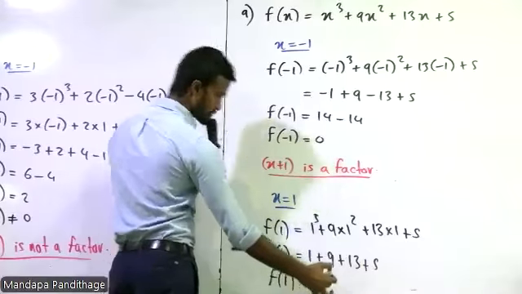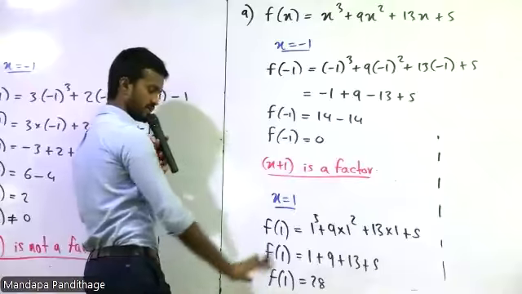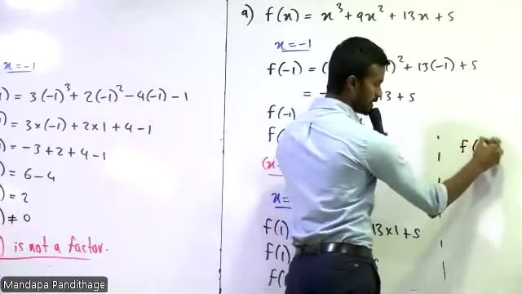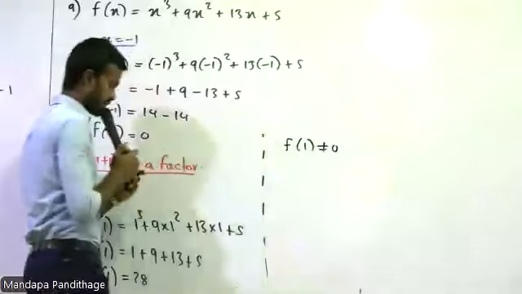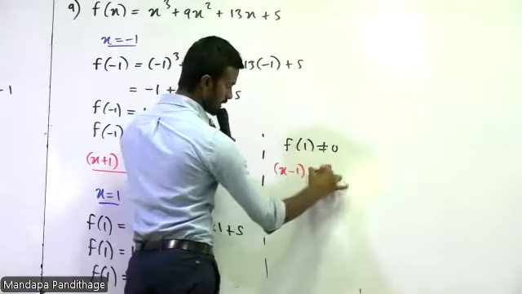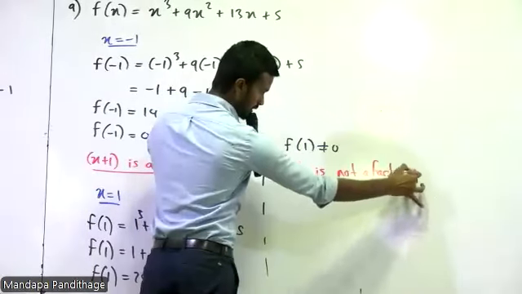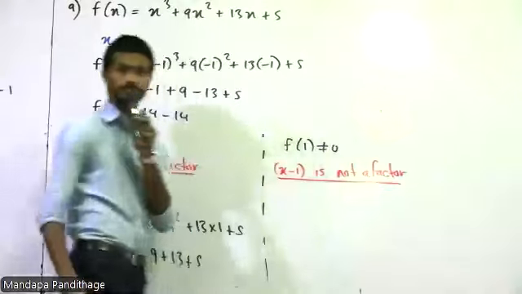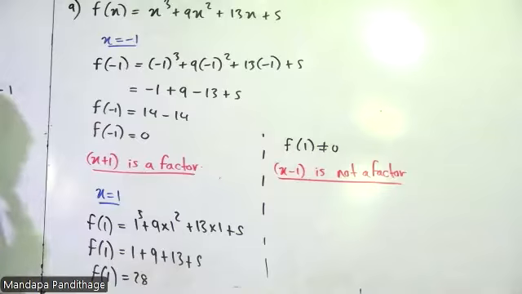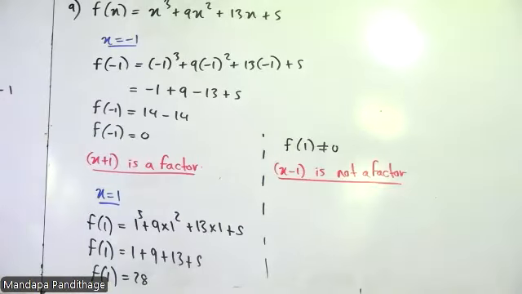You only have to show that it is not equal to 0. So we don't have to consider the value. f(1) is equal to 28. But what you can say is it's not equal to 0. Since it's not equal to 0, you can write that x minus 1 is not a factor. Clear? Okay, hands up who got this. x plus 1 is a factor and x minus 1 is not a factor. Clear?